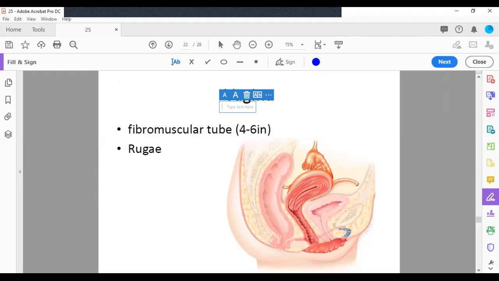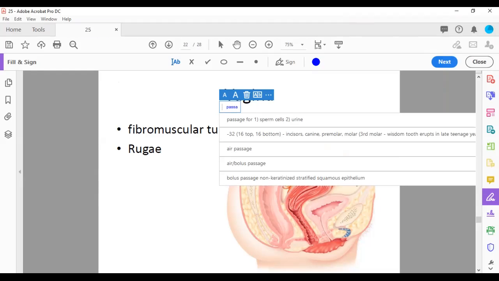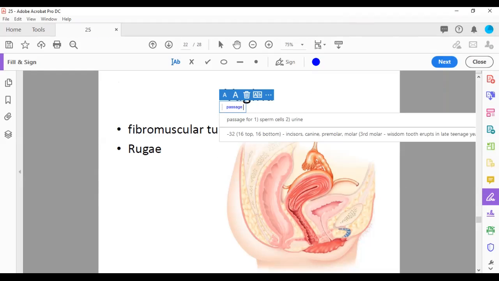Simply, it's a passage, and it's a passage for various things. It's a passage for sperm cells transmitted from the male into the female. And it's also a passage for the baby to come out. For that reason, it's called a birth canal. It's also a passage for blood to come out during menses.